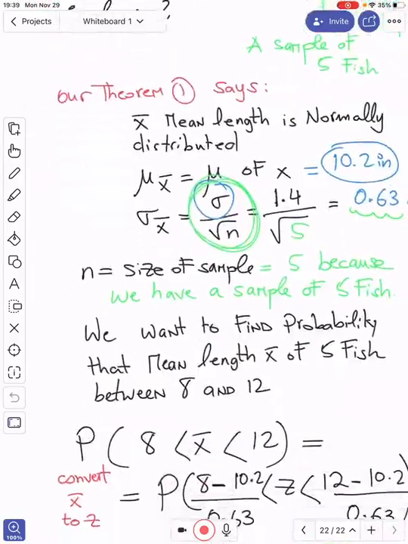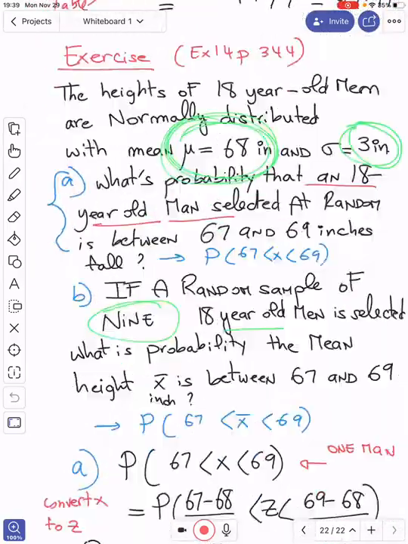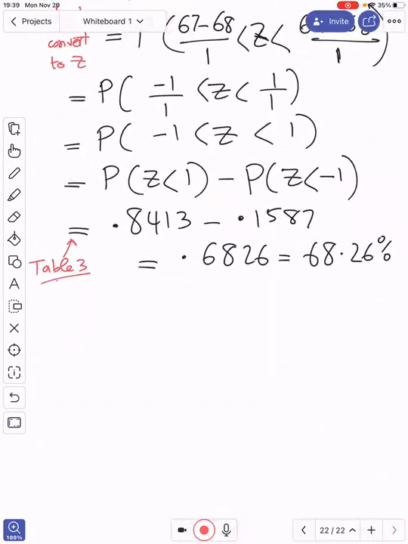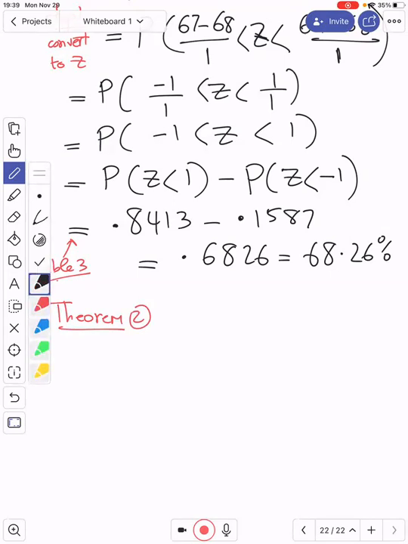So in theorem number 2, this is why this theorem explains why the normal distribution is very important.